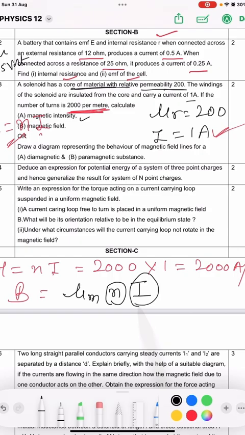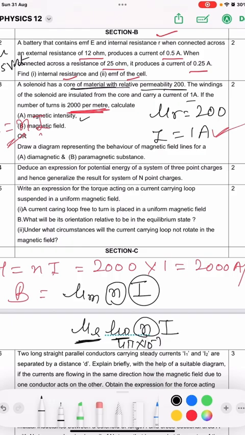Current has been given. Mu material can be expressed as mu r into mu naught. So you can substitute mu r, you can substitute mu naught, which is 4 pi into 10 to the power minus 7. And number of turns per unit length is given and current is given. You can substitute. So this will come as, I'm just telling, and you all can solve. So B will come as 0.50 Tesla.